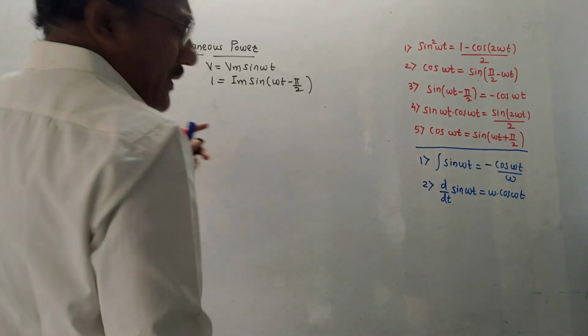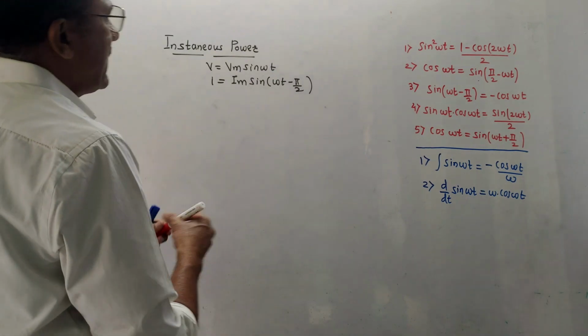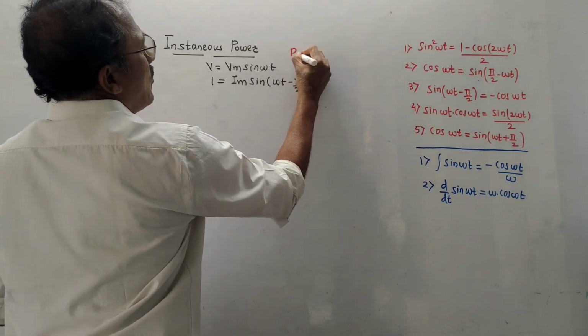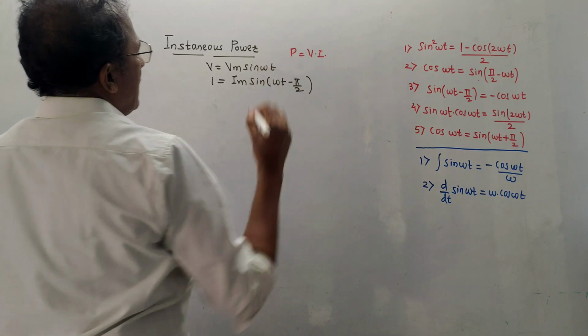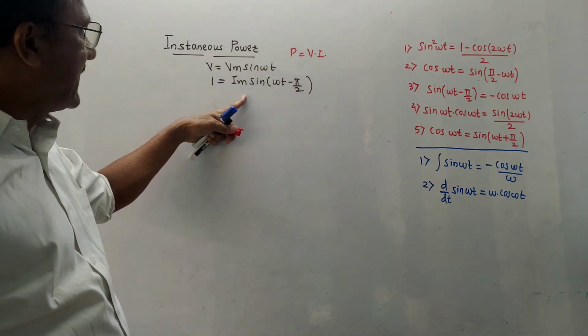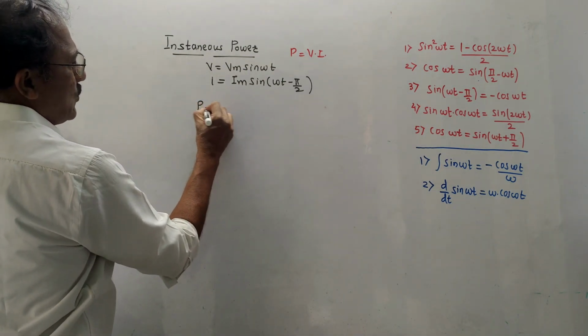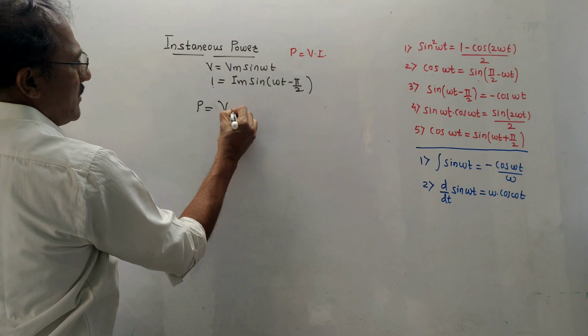Like the previous case, first I need to derive the expression of instantaneous power. We know the standard formula, power is voltage into current. So this is the equation of voltage, second is the equation of current. Just now we have discussed these equations. So instantaneous power P is equal to V into I, that is the multiplication of these two equations.